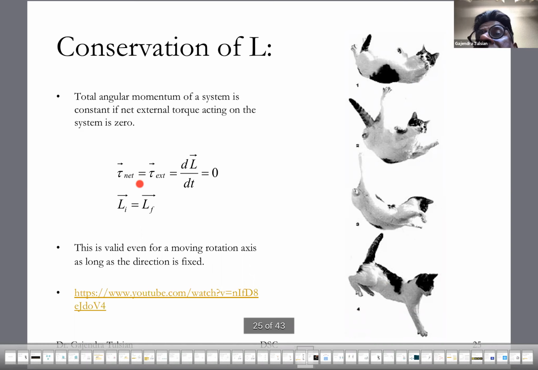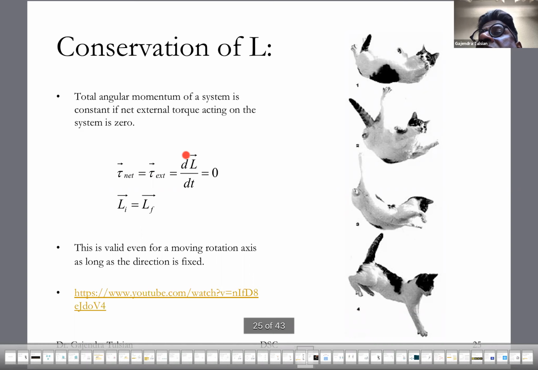And this is an application of that equation. So this equation is valid for this system. The only force acting on this is the force of gravity. And when you calculate the torque about the center of mass and the angular momentum about the center of mass, the external torque is 0.